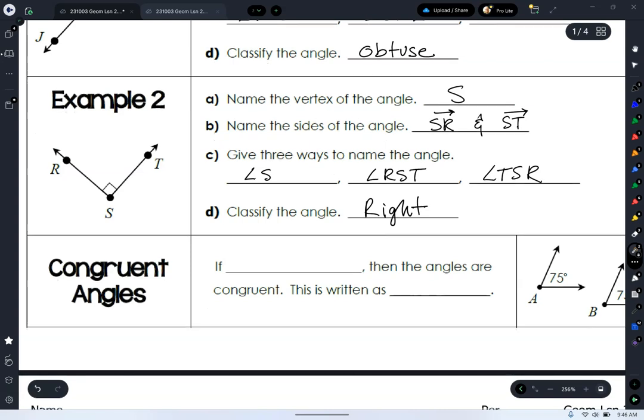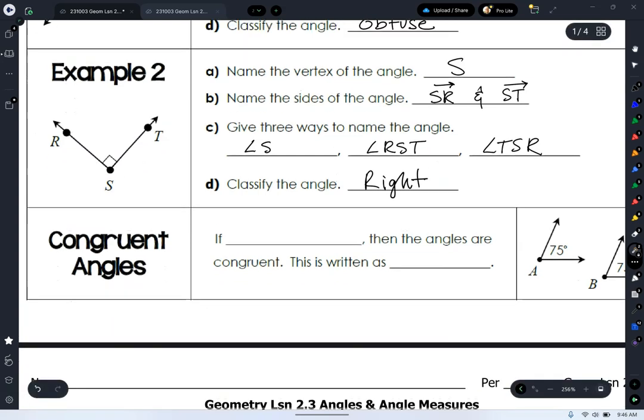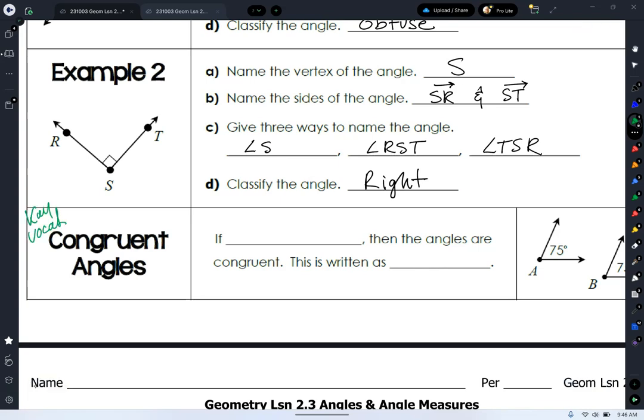All right, let's talk about then congruent angles. This is another piece of key vocabulary for us. Let's just write this down so that we don't lose sight of this. Okay, another piece of key vocab to keep track of. All right, so just like we had congruent line segments, we can have congruent angles.